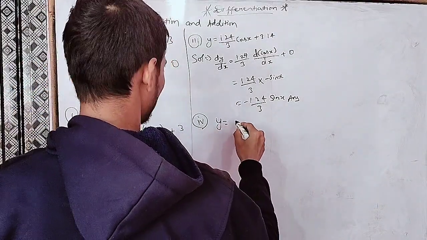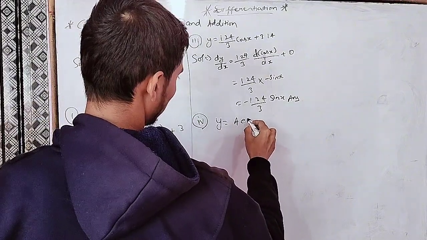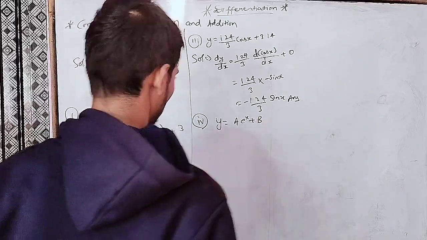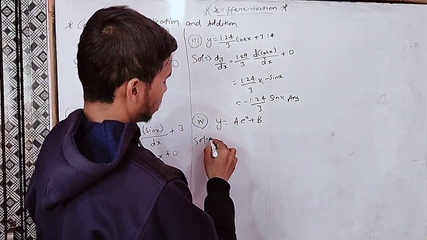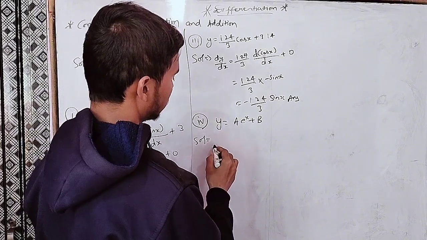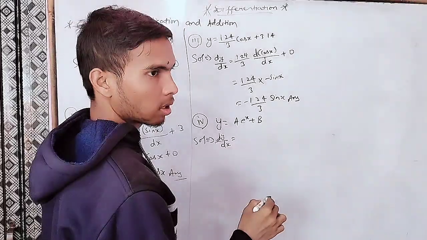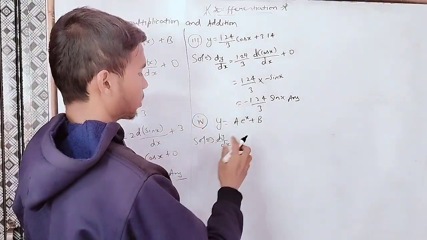y is equal to a into e raised to the power x plus b. Now, how would you solve it? You would write like that. A is a number, B is a number, okay?